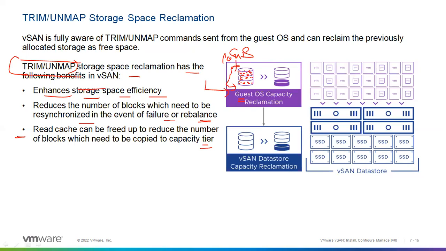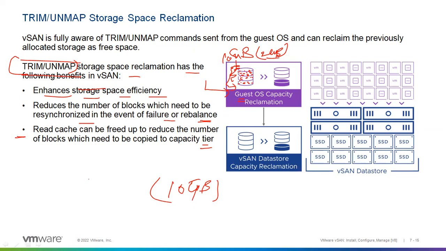But after some time, it freed up. I mean, out of 10 GB, it's using 2 GB. But if I look at the capacity consumption perspective, it will still show 10 GB as consumed.